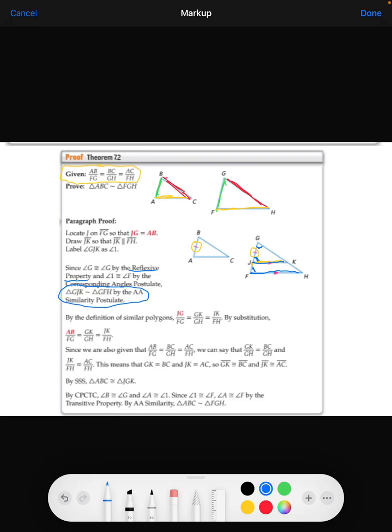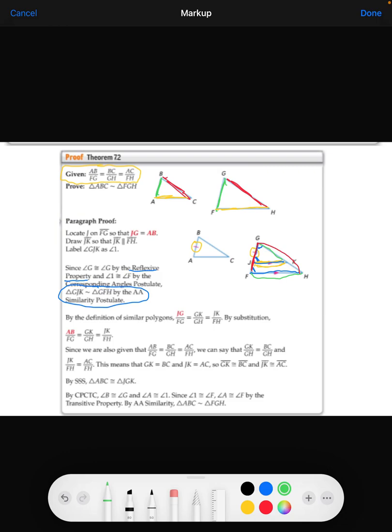Next, by definition of similar polygons, we can say that JG over FG, so this part over this part, equals GK over GH, this part, and then JK, this part here, over FH is also equal to that same ratio.